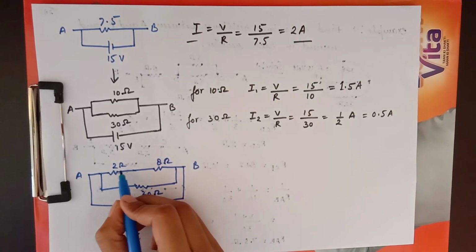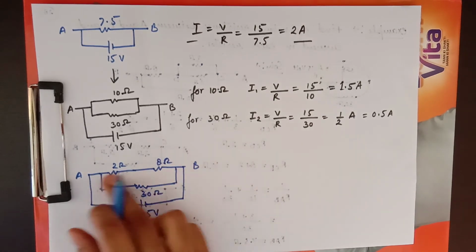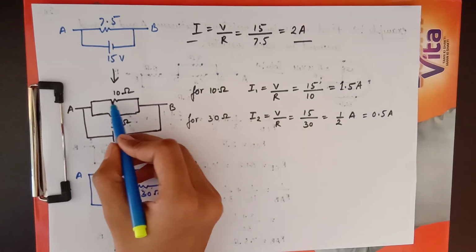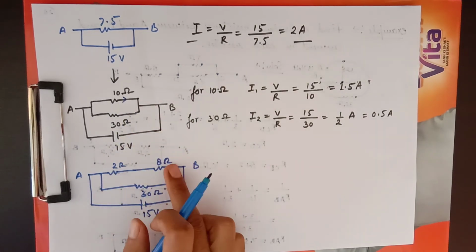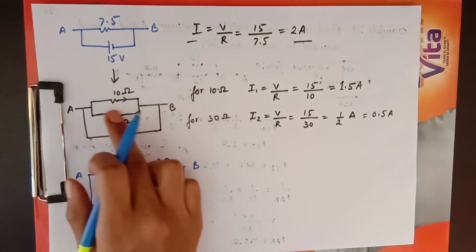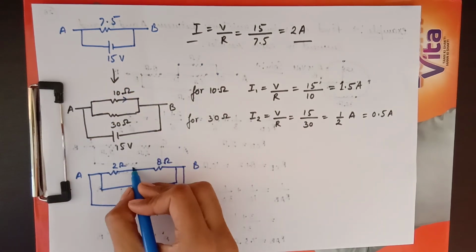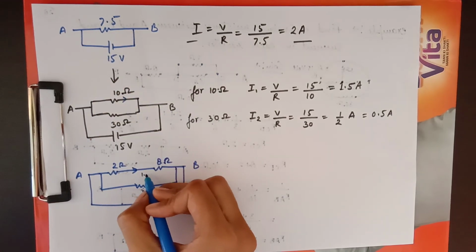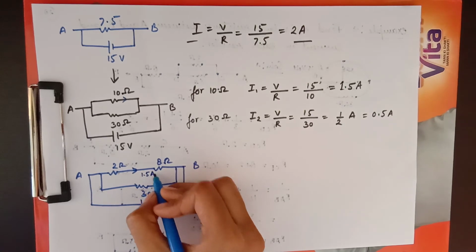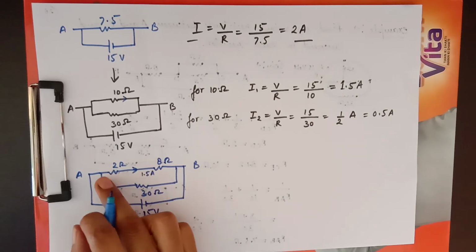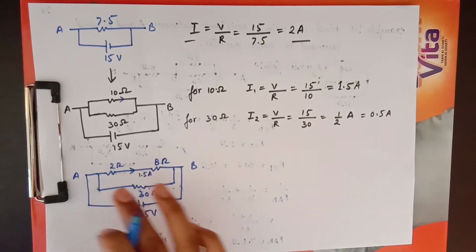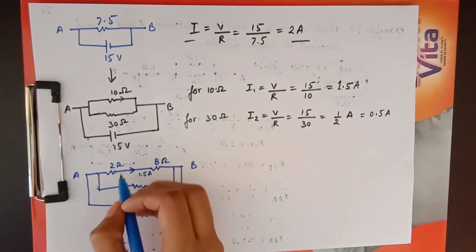You see here, 2 ohm and 8 ohm are connected in series. So the current for these two will be the same as for the 10 ohm resistor, 1.5 ampere, but the potential for this and this resistor will be different.